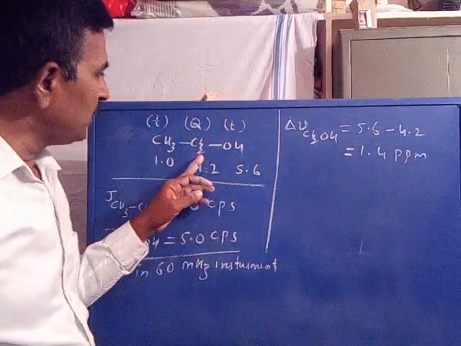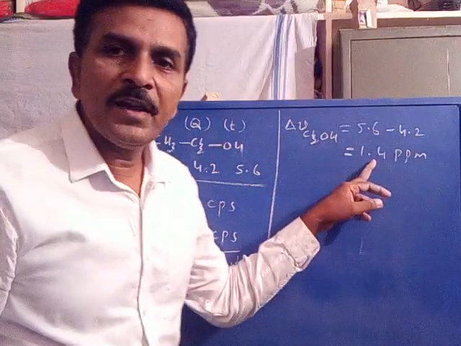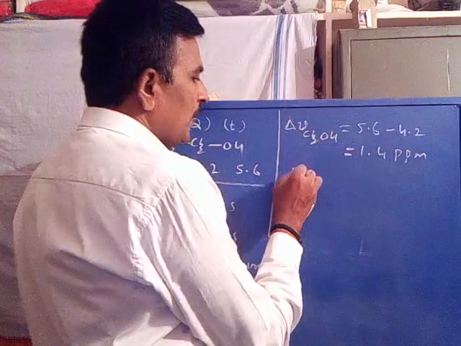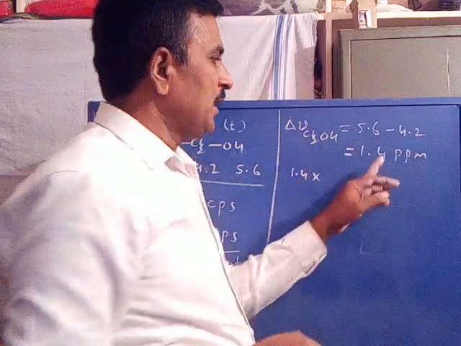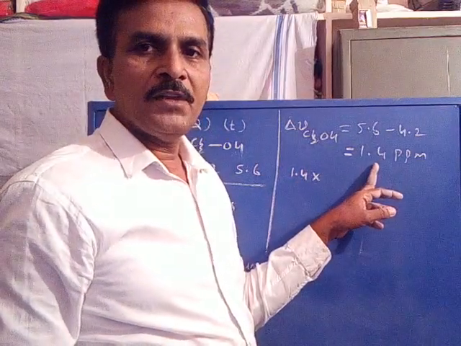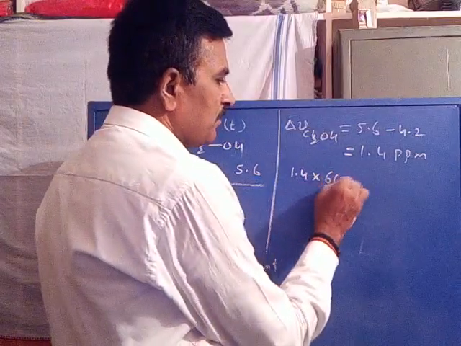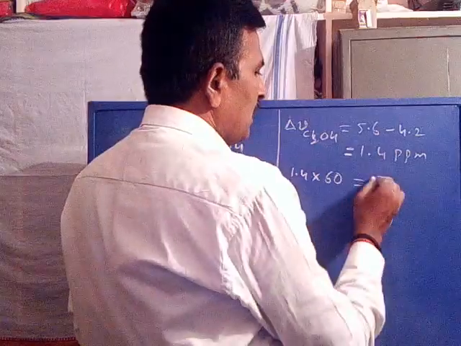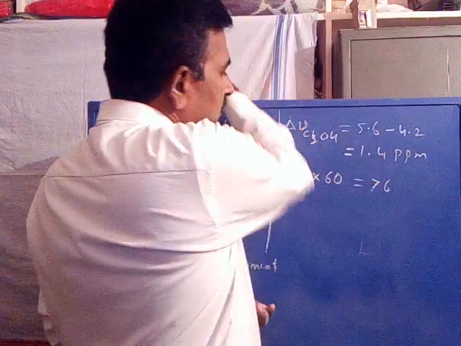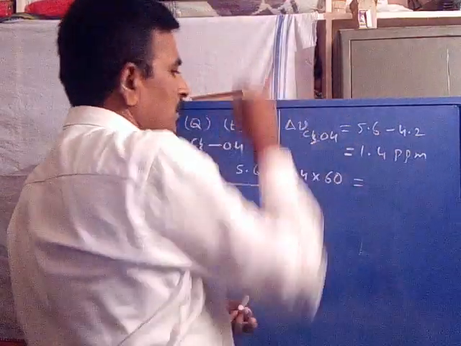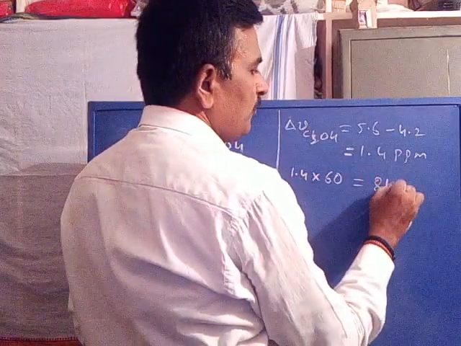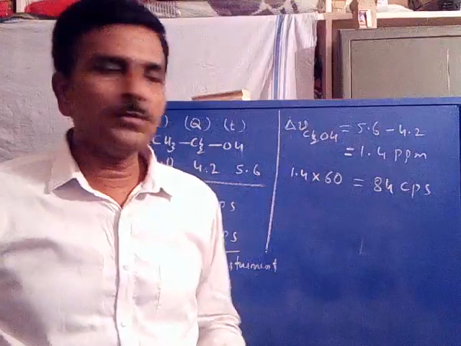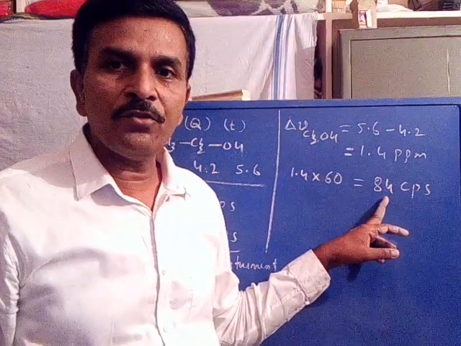The difference between these two sets of protons is 1.4 ppm. Again it should be multiplied with the instrument frequency: 1.4 times 60 equals 84 CPS. The frequency difference between CH2 and OH is 84 CPS.